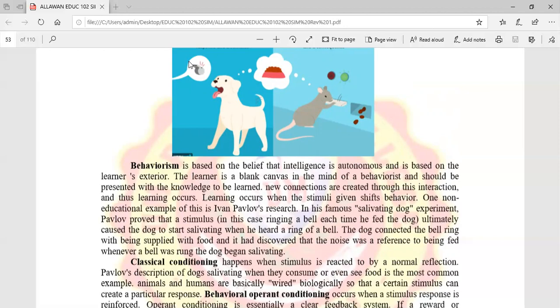It is involuntary; the dog salivates if it hears this stimulus, in which the dog connected that the bell will ring with being supplied with food. If it hears the whistle or the bell ring, the owner would give the dog food. That is the first of behaviorism.